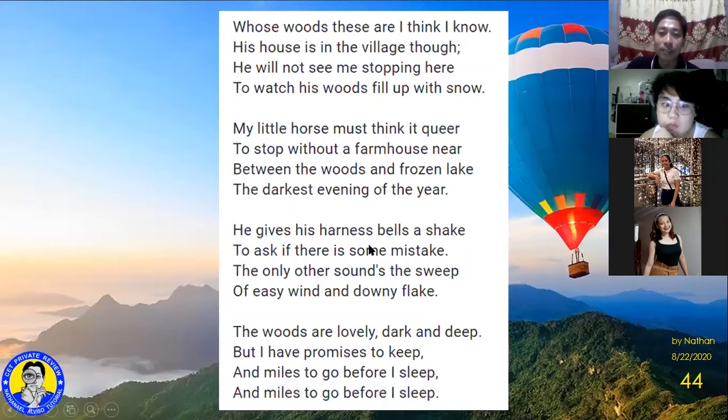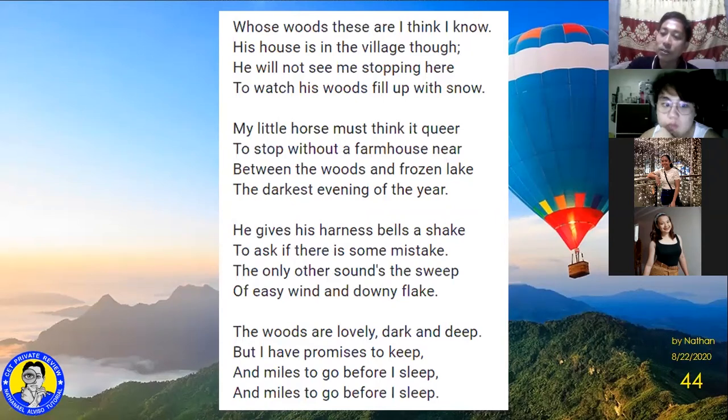He gives his harness bells a shake to ask if there is some mistake. The only other sounds the sweep of easy wind and downy flakes. Still no reason why he stopped. And then last, there you go. There's your reason. The woods are lovely, dark, and deep. So he stopped to admire the woods that are lovely, dark, and deep, okay? When you say dark, it's not because it's about to get dark.